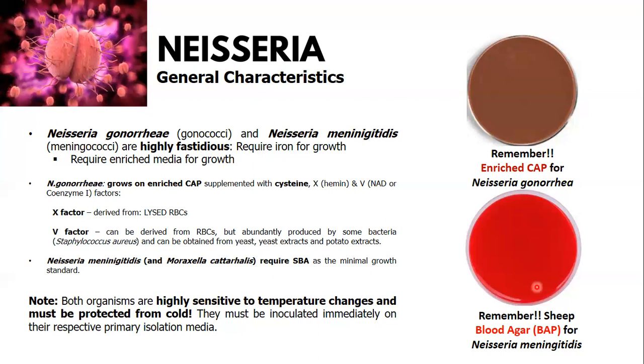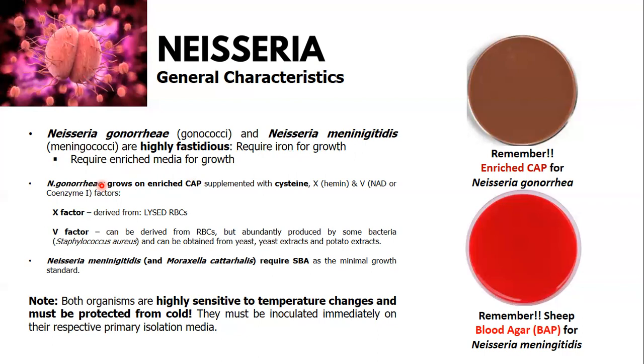However, take note that between Neisseria gonorrhoeae and Neisseria meningitidis, Neisseria gonorrhoeae grows on an enriched chocolate agar plate. When we say enriched chocolate agar plate, these are basically chocolate agar that are further enriched with nutrients to provide the nutritional requirements that Neisseria gonorrhoeae needs for growth.